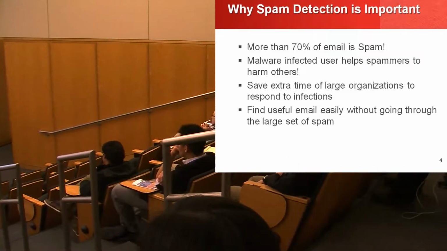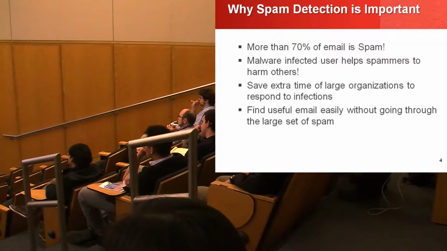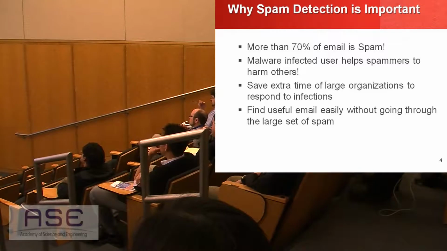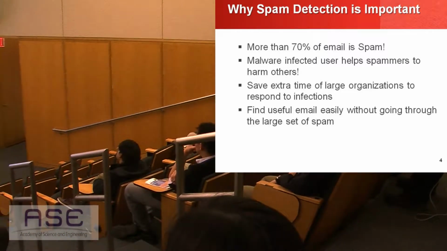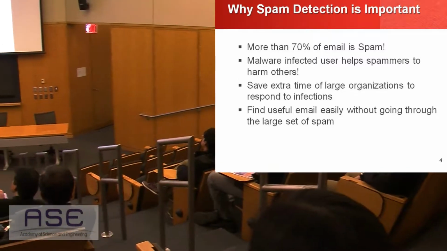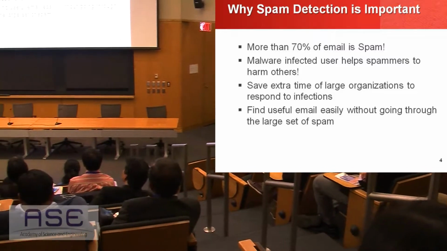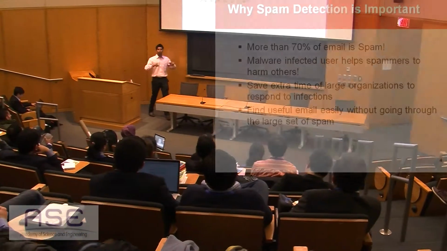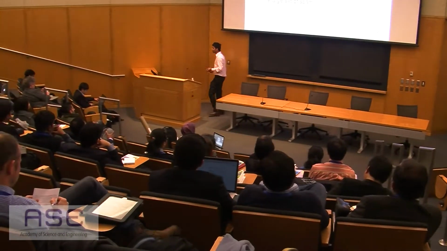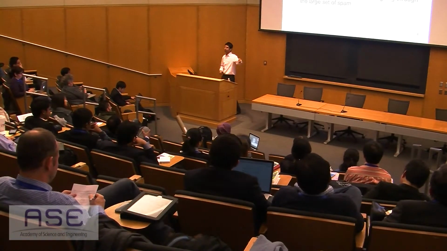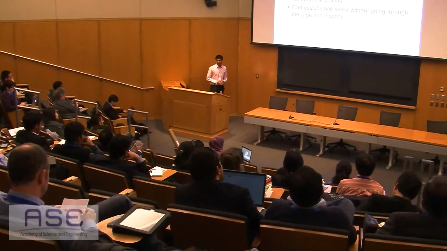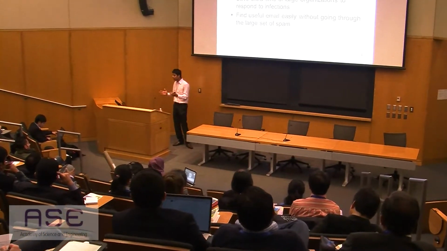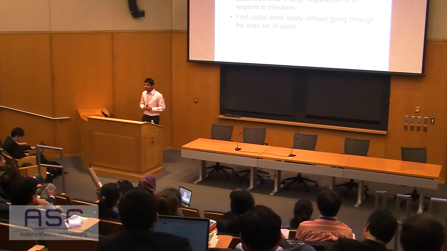The second part is that malware-infected users help spammers to harm users. Sometimes you don't even know. For example, you click on the given URL in a spam email, then you are infected, and the spammers use your machine to harm other people. You don't even know that you are helping spammers to harm other people. In large organizations, they always have a lot of processes to identify infections.